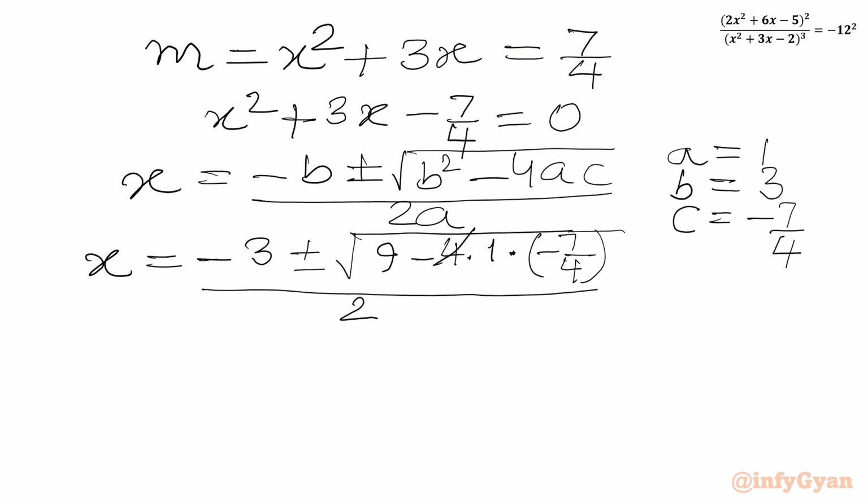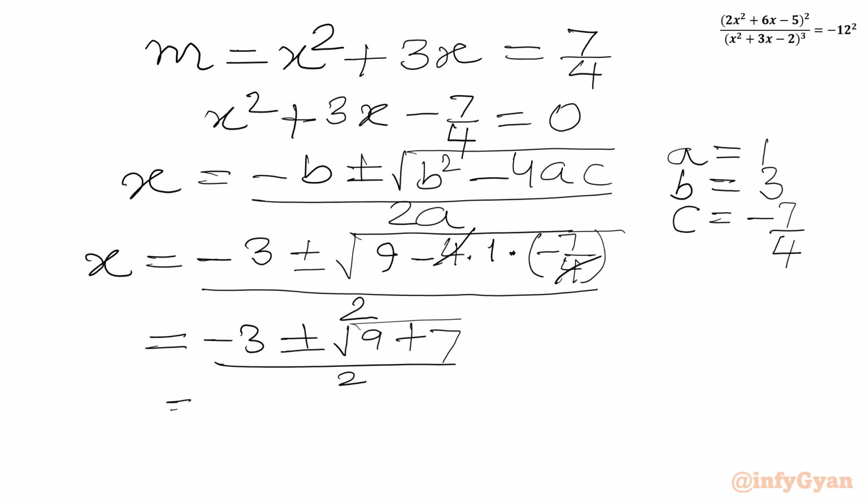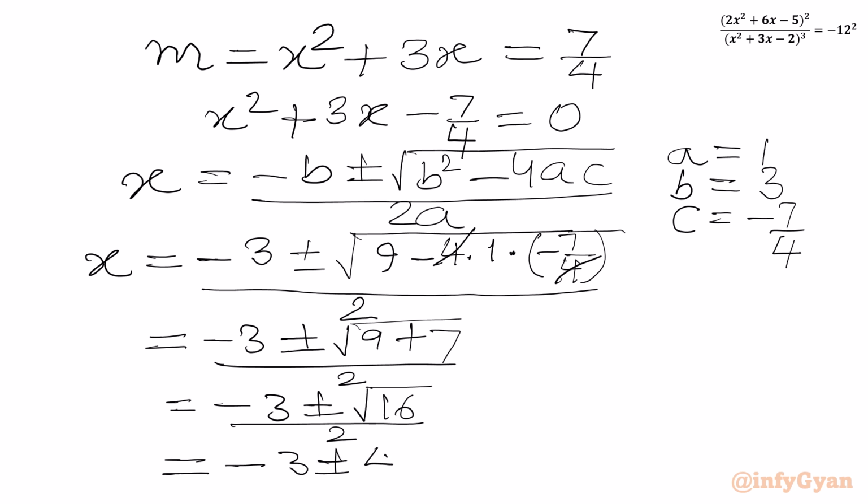Now we will cancel this 4 and denominator 4, and this will give us minus 3 plus minus square root 9 plus 7 over 2, or we can write minus 3 plus minus square root 16 over 2, or we can write minus 3 plus minus 4 over 2.